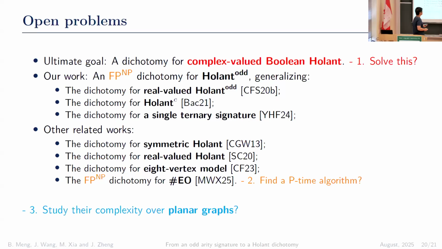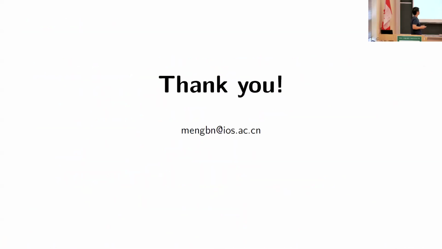And so the open problems are quite simple. The ultimate goal: can we solve this? Or can we find a P-time algorithm to replace this somewhat ugly FP^NP algorithm? And finally, we can always study these problems over planar graphs, which is another very long line of studies. And that's all, I think. Thank you.